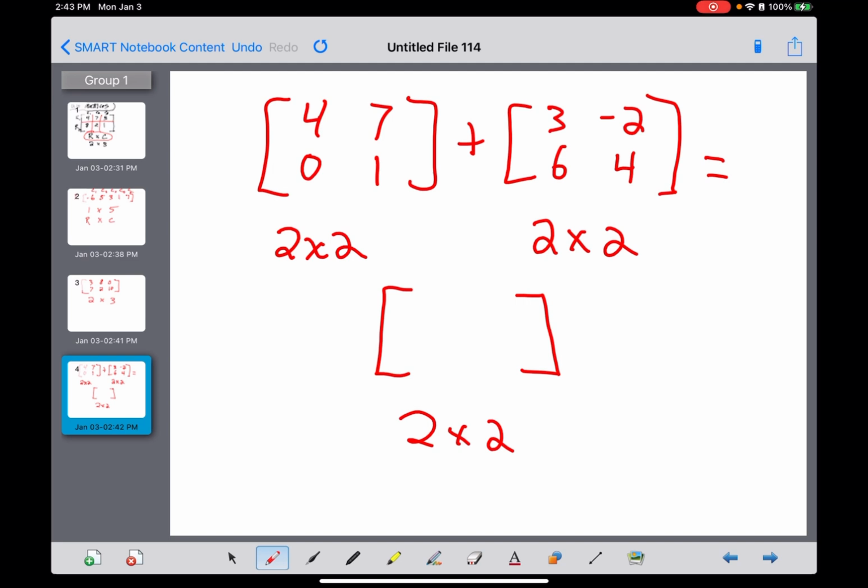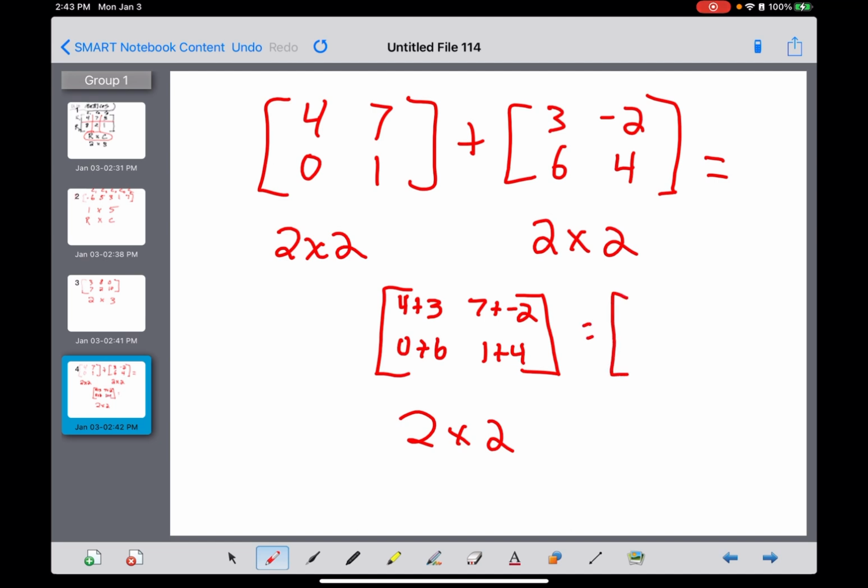What's going to go here is 4 plus 3. The next one on top is 7 plus negative 2. Down here, 0 plus 6. And here is 1 plus 4.